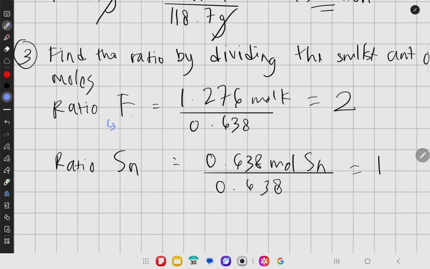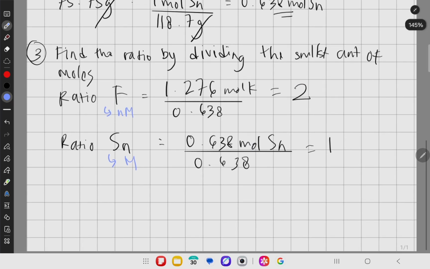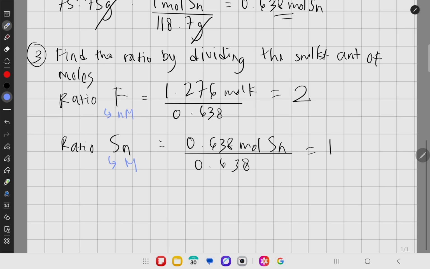So F is a non-metal and tin is a metal. By here, we can arrange it by doing the tin first and then fluorine after that. Don't forget the moles. So it's 2. Yeah, this is the empirical formula of the question that we have now.